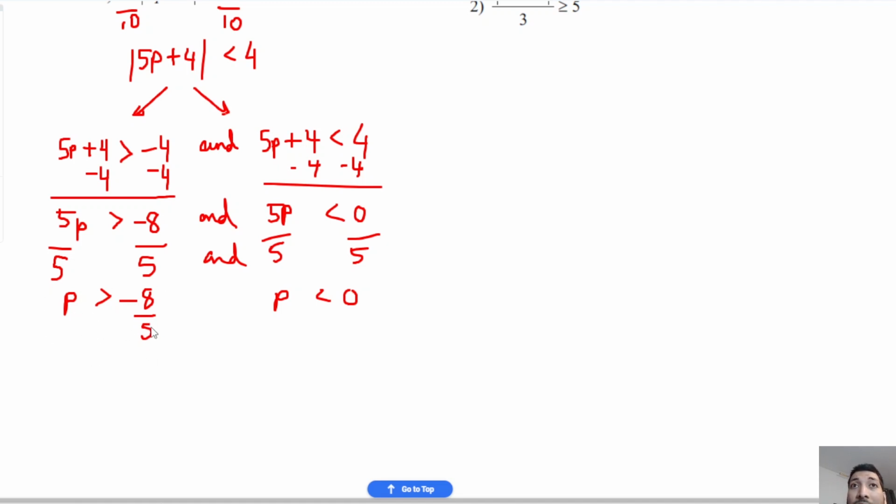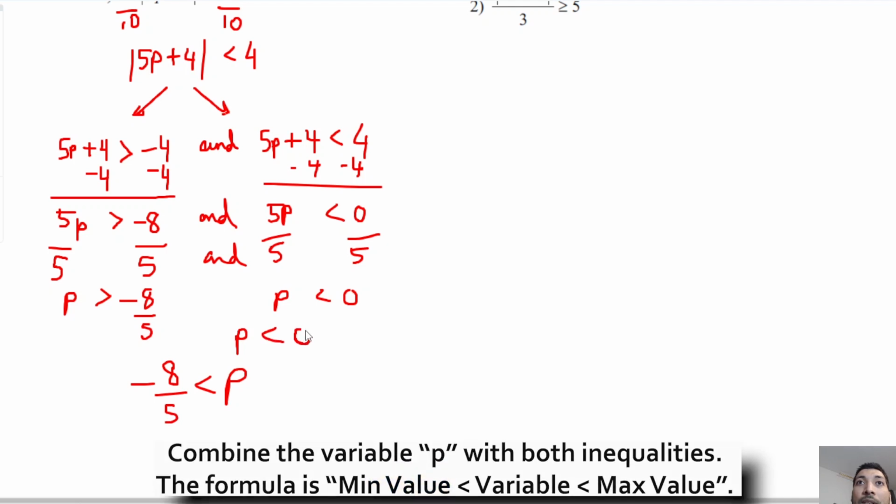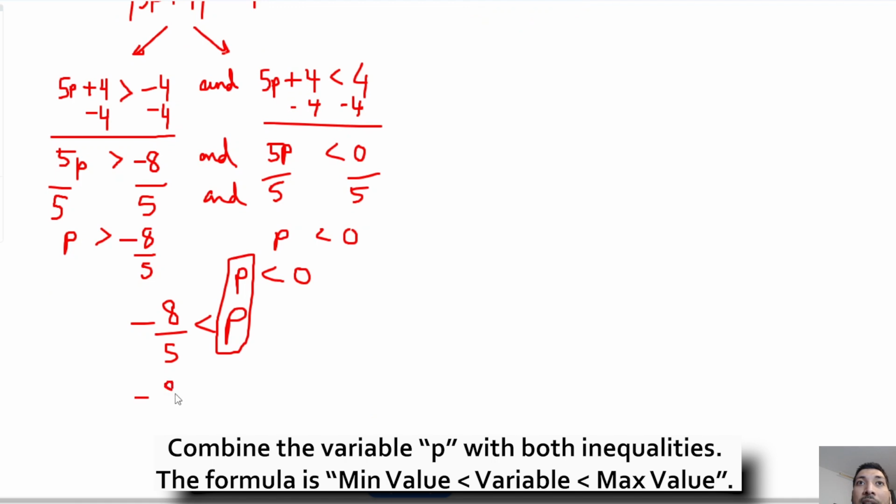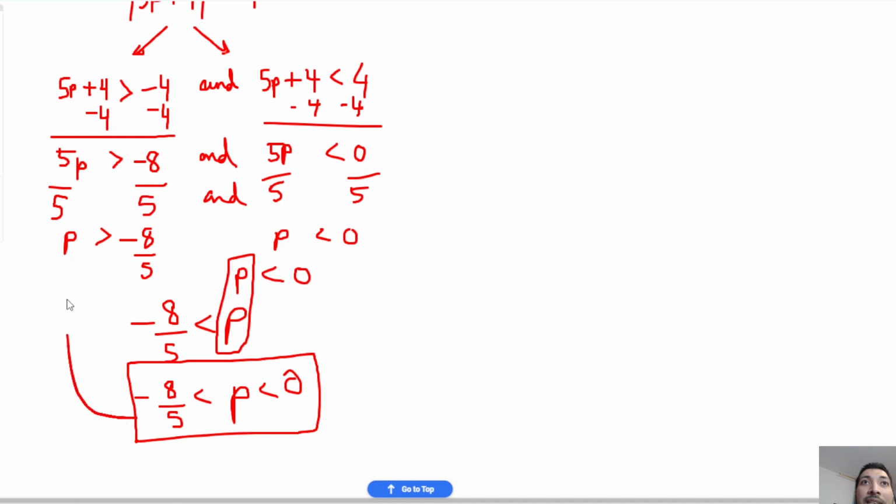So p greater than -8 over 5 becomes -8 over 5 less than p, and this one is p less than 0. We can just keep this p at the center, and we have -8 over 5 less than p less than 0. Remember, this inequality is exactly the same as this and exactly the same as this. If we split it up, we see that we have -8 over 5 less than p, and we have p less than 0.